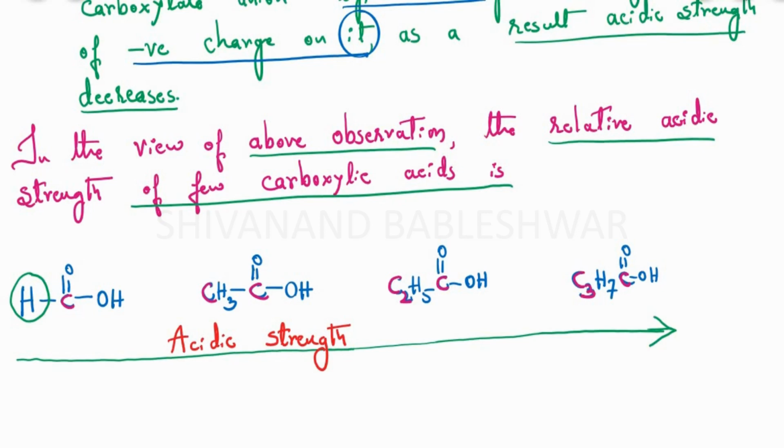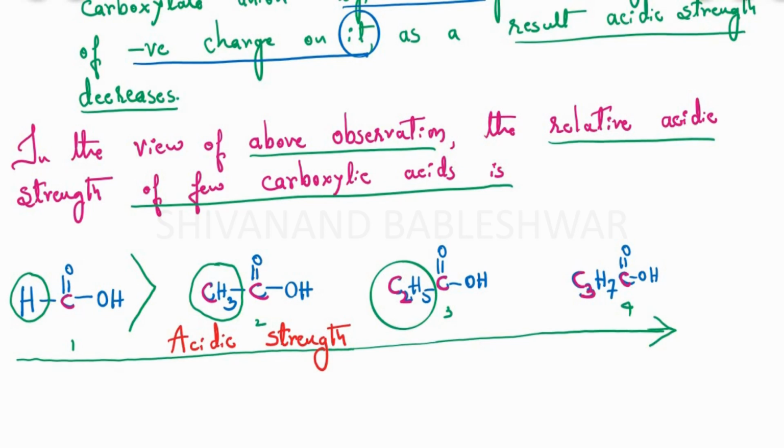So there is no alkyl group. If I say this is the first, second, third and fourth, and compare formic acid with the remaining three, formic acid is a stronger acid than ethanoic acid. Why? Because in formic acid there is no alkyl group, but in ethanoic acid we have one carbon, that is a methyl group. Comparing this with propionic acid, here we have an ethyl group.